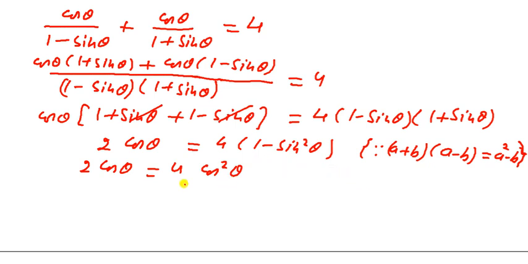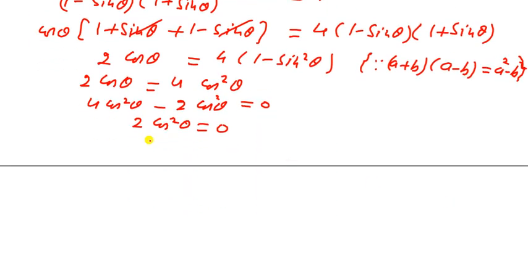So that is 2 cos theta is equal to 4 cos square theta. As you know, 1 minus sin square theta is equal to cos square theta. So now transferring to the right hand side, it is 4 cos square theta minus 2 cos theta equal to 0.